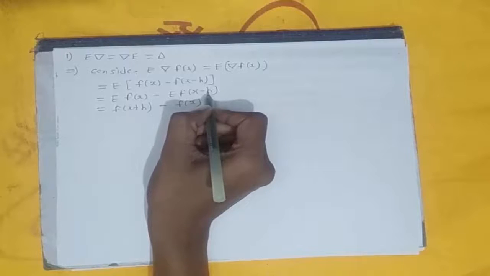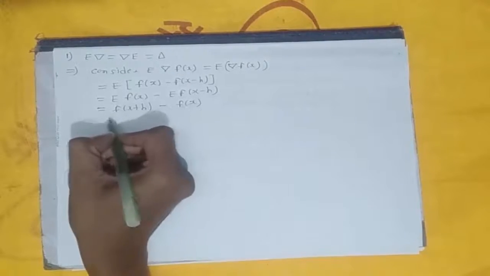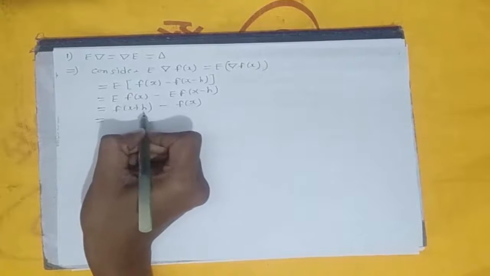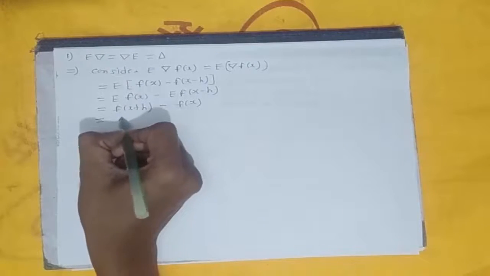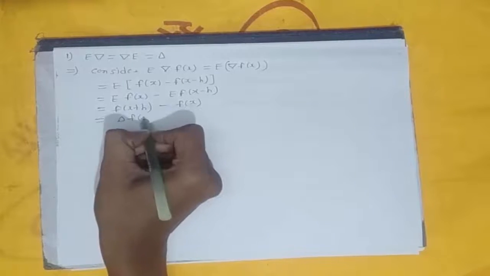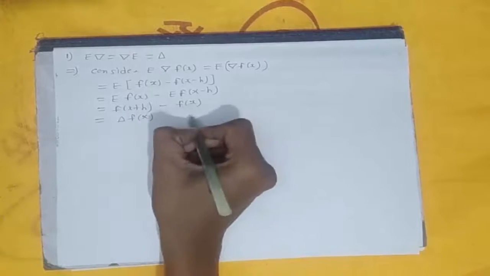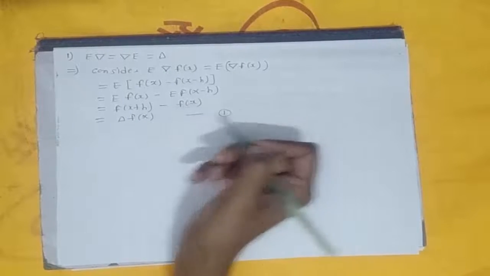Then x minus h, after that point is x, so E f of x minus h is equal to f of x. Then f of x plus h minus f of x, which we know is the forward difference of function f of x, delta f of x. So we take it as equation number 1.